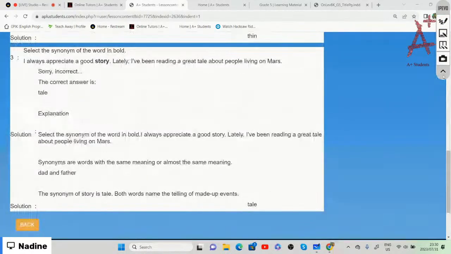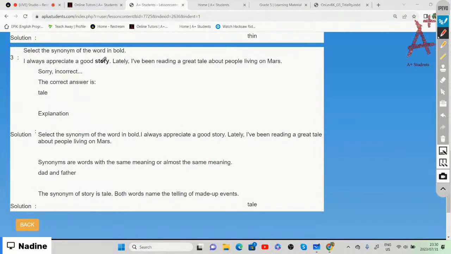All right. I always appreciate a good story. So, story, we need to find the synonym of story. I always appreciate a good story. Lately, I've been reading a great tale about people living on Mars. So, a story, right?